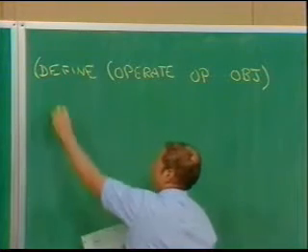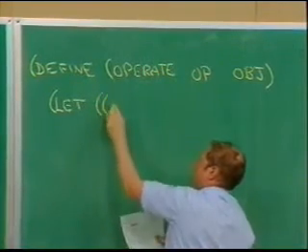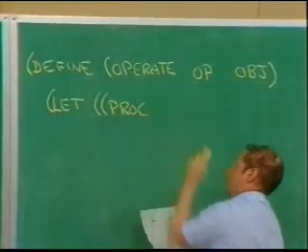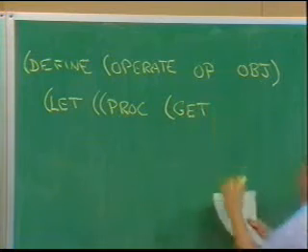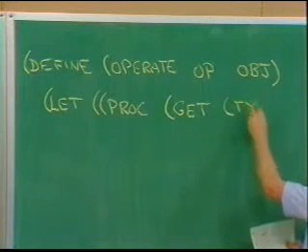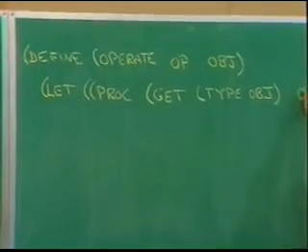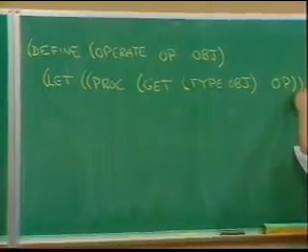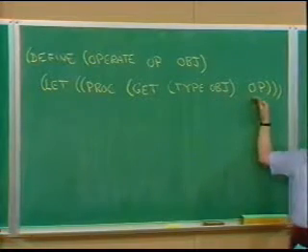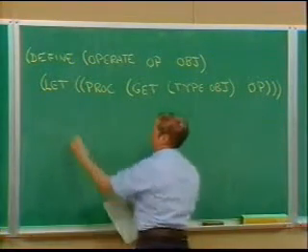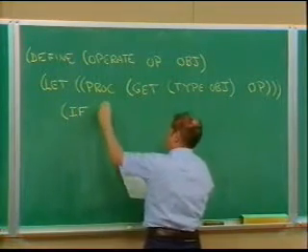What does it do? Well, the first thing it does, it looks in the table. It goes into the table, and tries to find a procedure that's stored in the table. Right? So it gets from the table, using as keys the type of the object and the operator. So it looks in the table and sees what's stored under the type of the object and the operator, sees if anything's stored. Let's assume that get is implemented, so if nothing is stored there, it'll return null, return the empty list.